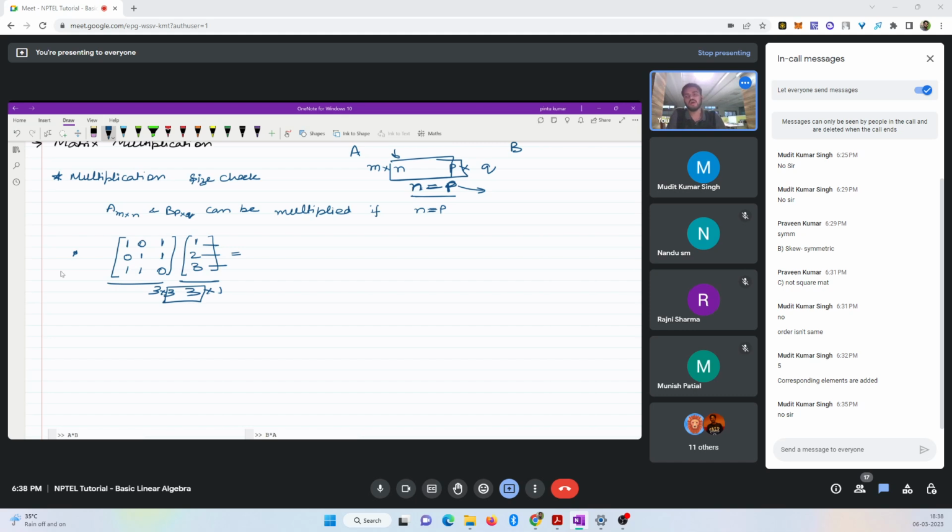Now let's see how we will multiply them. To obtain the first entry, we take the first row and multiply it with the first column. This will give us the first entry. Okay. How do we multiply? Let's see.